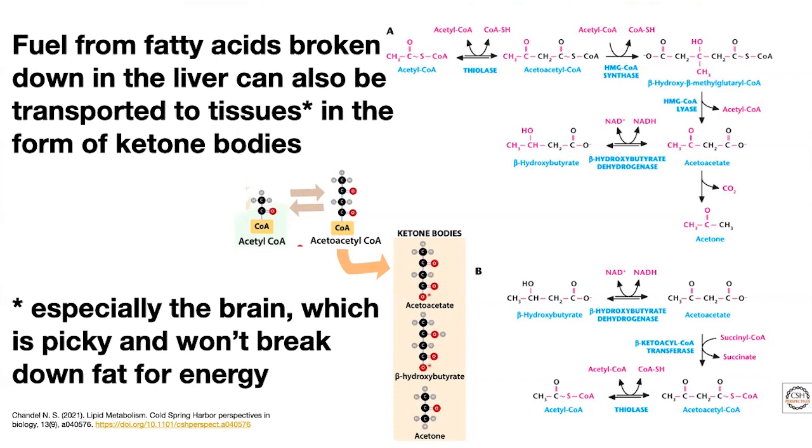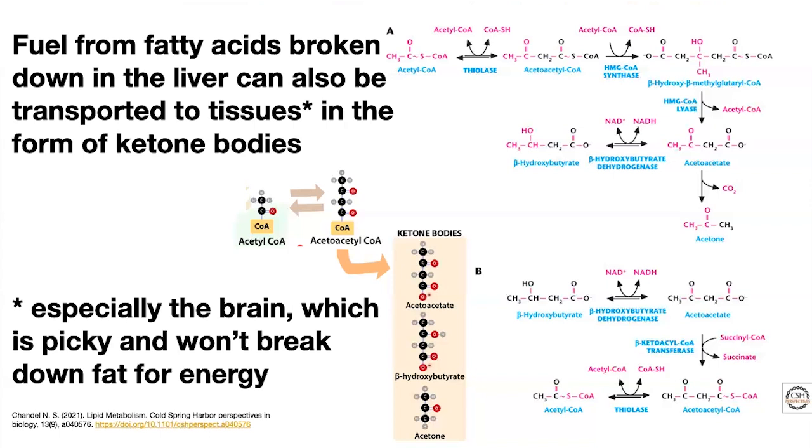These are what we call ketone bodies. This is one of the ways your liver can get energy to other tissues once it runs out of its glycogen stores and needs to start breaking down fat and getting energy to other cells. Cells like your brain can't use lipids directly, but they can use these ketone bodies.